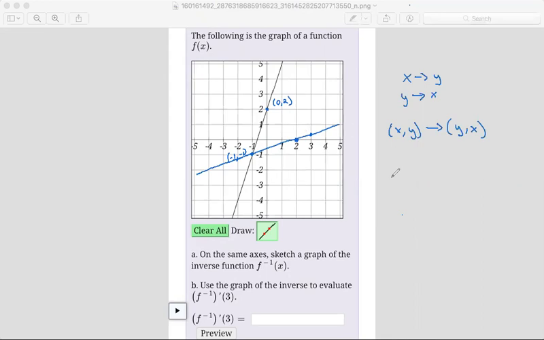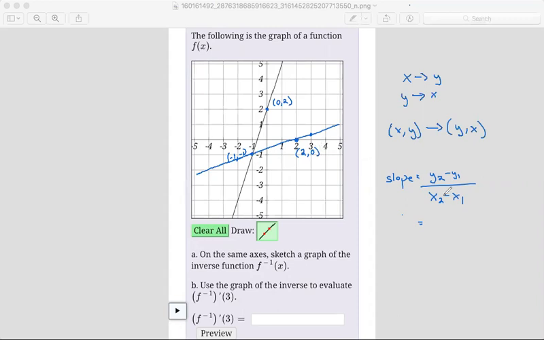So we can find the slope using slope is equal to y2 minus y1 over x2 minus x1, and use the 2 points that we just found. Because at 3, it's a little bit hard to see where that is located, let's just use the points that we know, which is (2, 0) and (-1, -1).